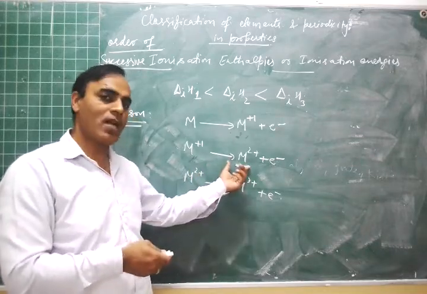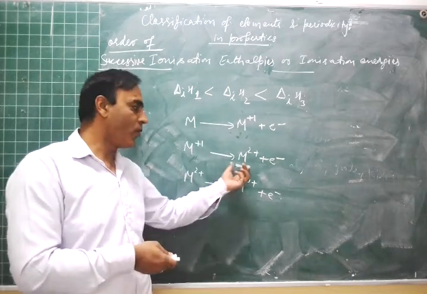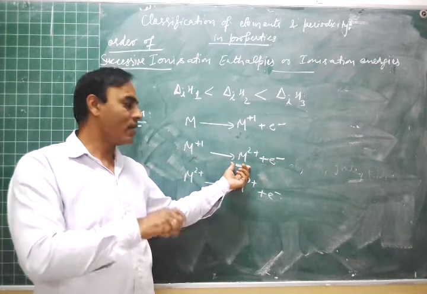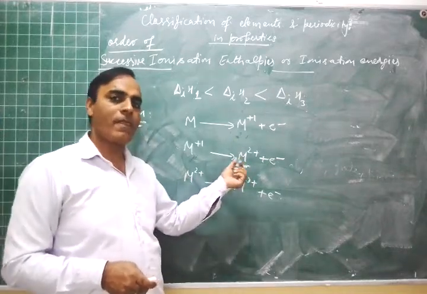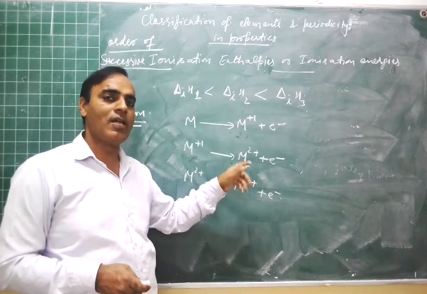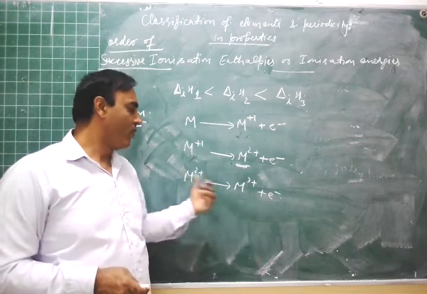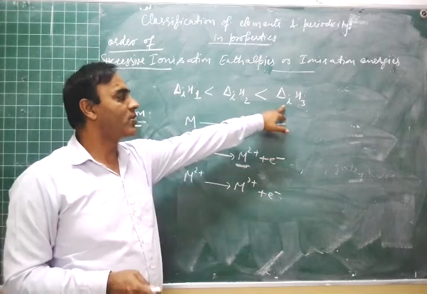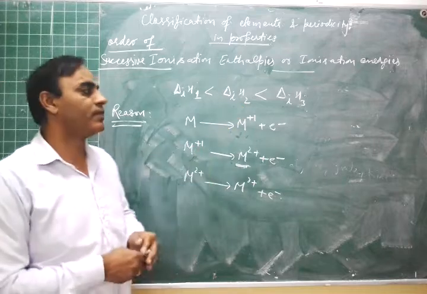There is 2+ charge, meaning more charge on the nucleus, because there are more protons in the nucleus of this ion than electrons. So more effective nuclear charge means more force of attraction between nucleus and remaining electrons, and more energy is required to remove the third electron from this cation. So the third ionization energy will be much greater than the first and second ionization energies.